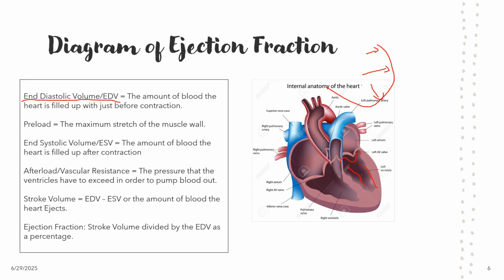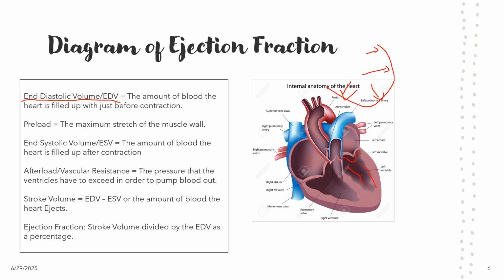The ventricle needs to stretch in order to fill up all that blood. If it can't stretch, or its preload is not that good, then it may not be able to relax with enough blood.